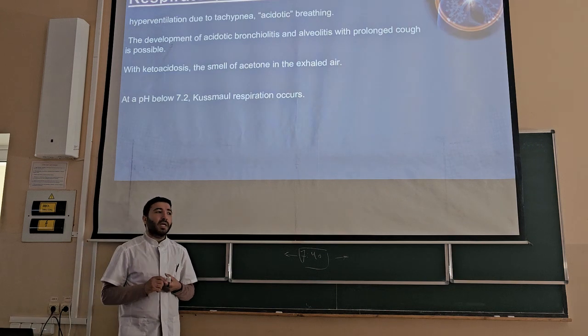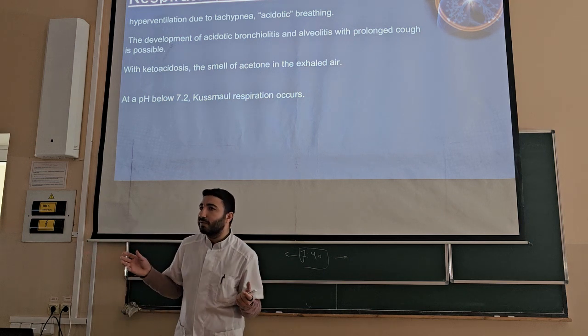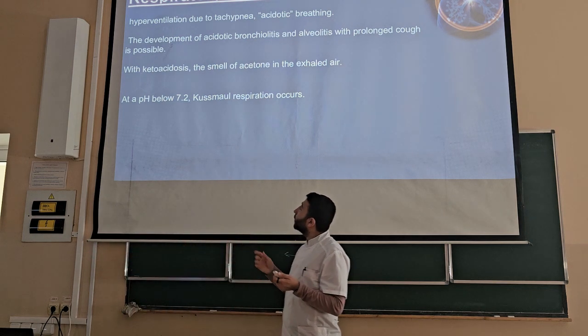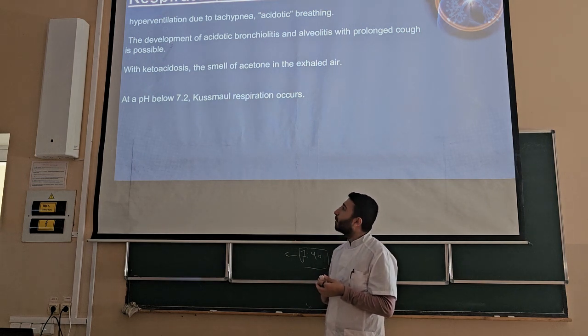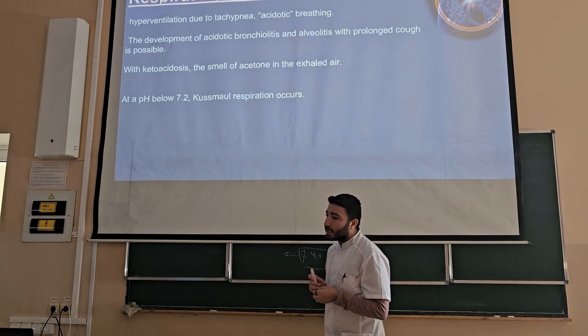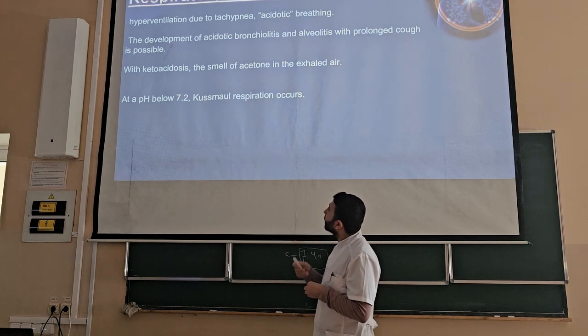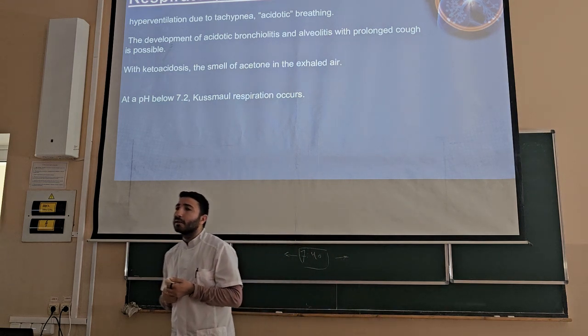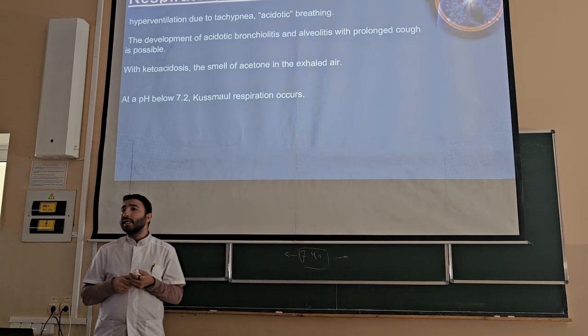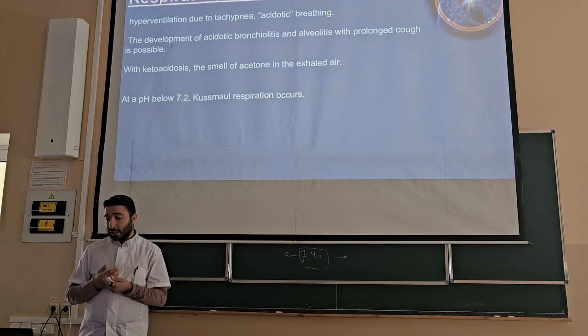We spoke about the cardiovascular system. Here is the respiratory system. What will it cause? The most important point I may tell about is the pH. It will be below 7.2 in this case, and such respiratory symptoms will occur.